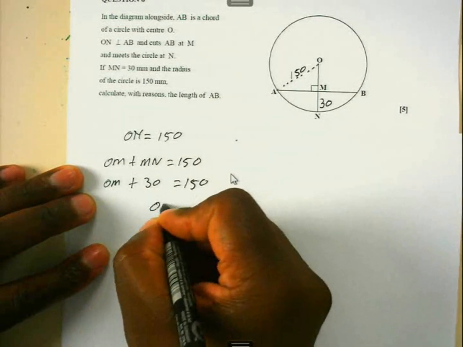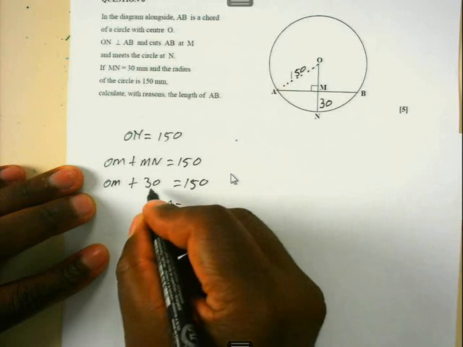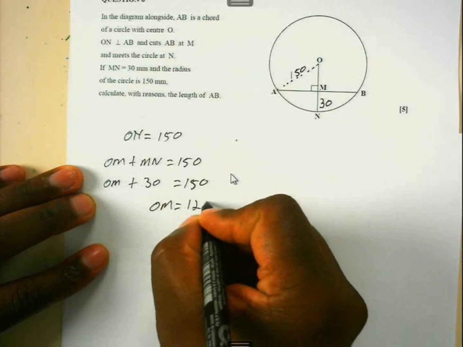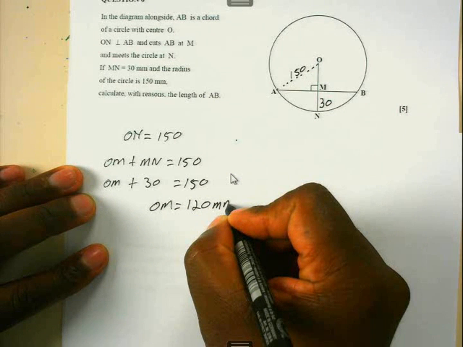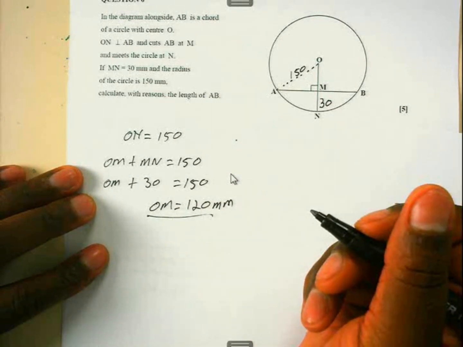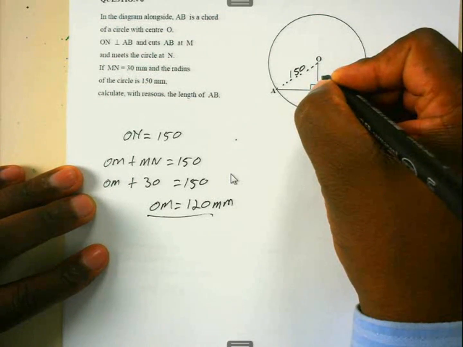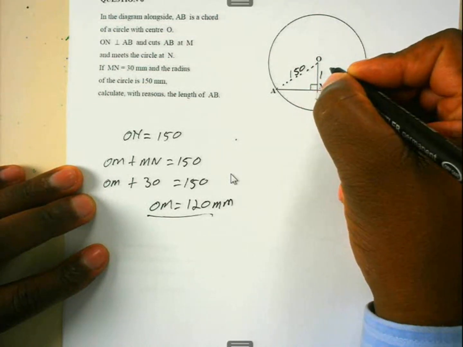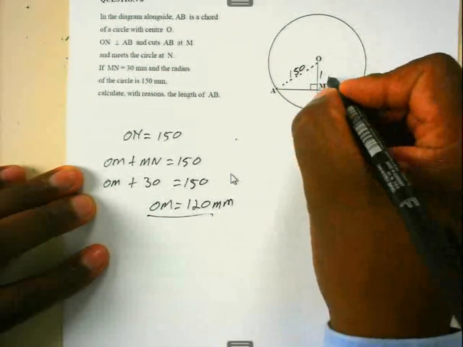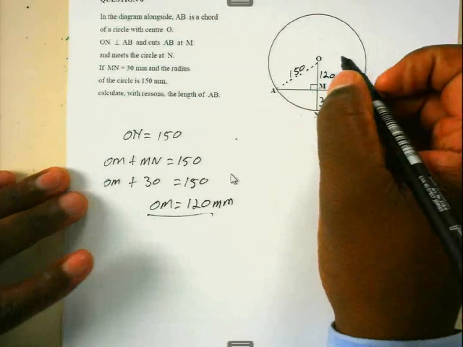Therefore, OM will be equal to 150 minus 30, which will give us 120 millimeters. That is the length of OM. What is OM? OM is 120 millimeters.